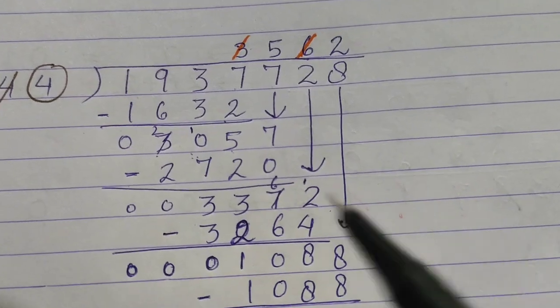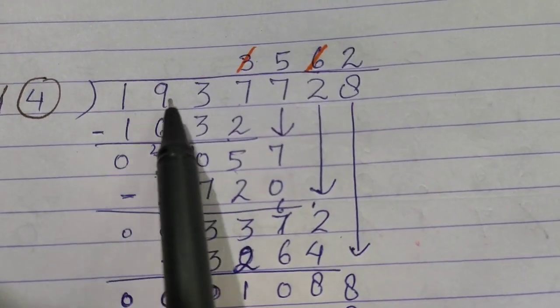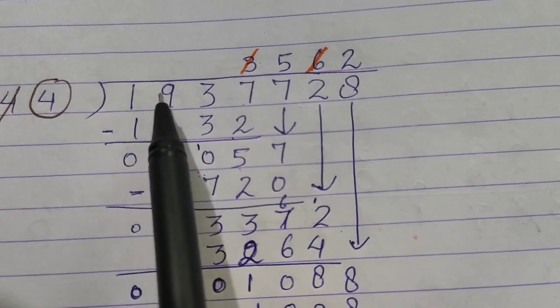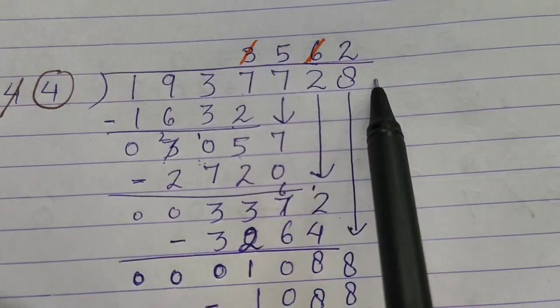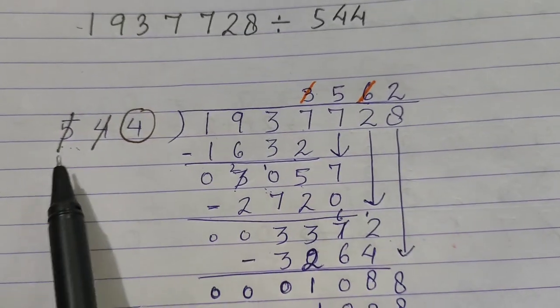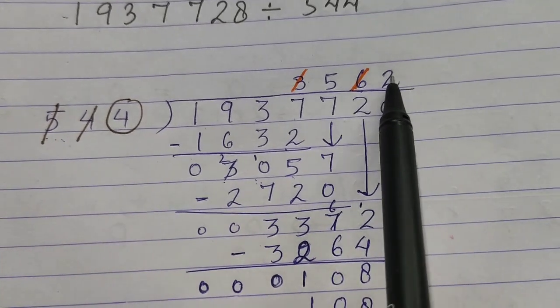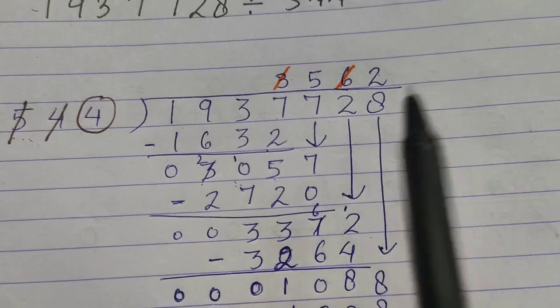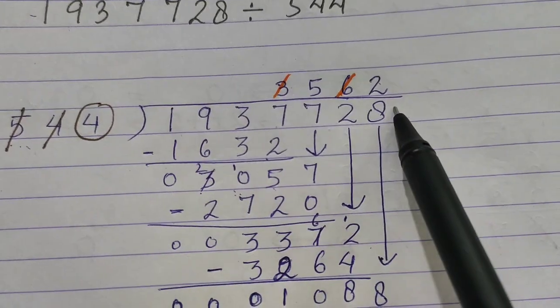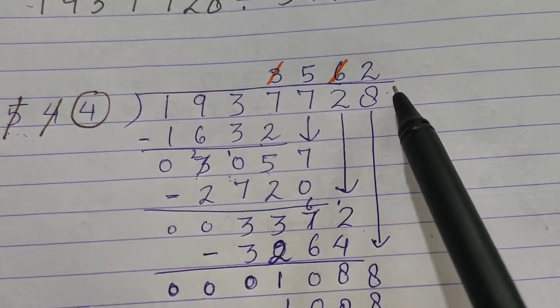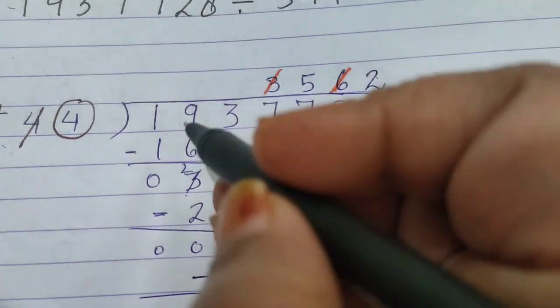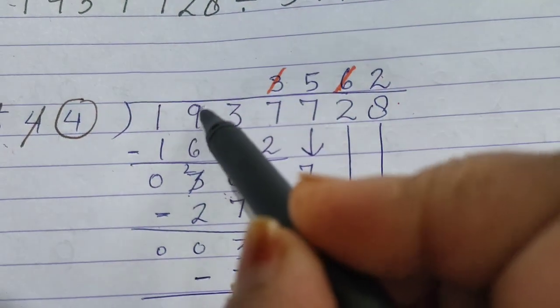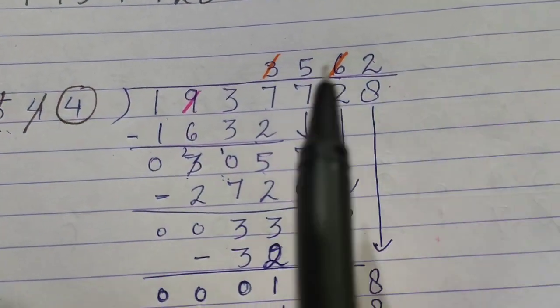Next we move towards the dividend, the number that we've just divided. First we took up the divisor, then the quotient, and now we are focusing on the dividend. Now in this dividend you have to look for the combination of 9 or the 9 itself. So now look here, 9 is there clearly. I strike it out.